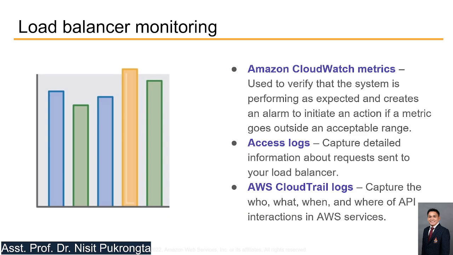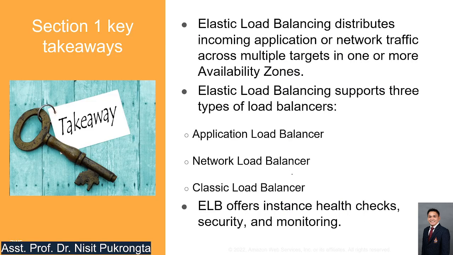Load balancer monitoring. As already shown, we can use CloudWatch metrics, right? Access logs, and also CloudTrail logs. Okay, the key takeaway for this session: the Elastic Load Balancer can distribute incoming application or network traffic across multiple targets in one or more availability zones. Elastic Load Balancing supports three types of load balancer.